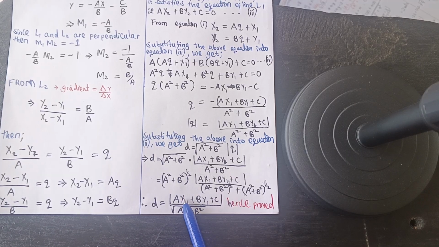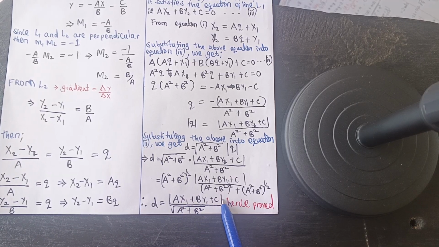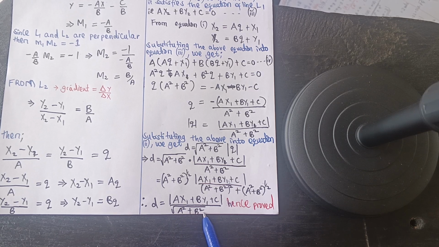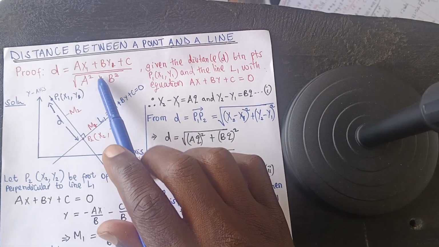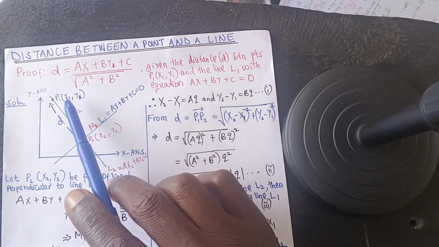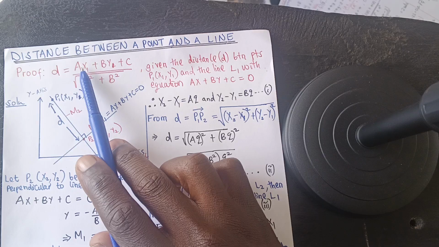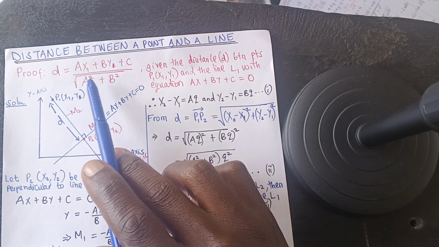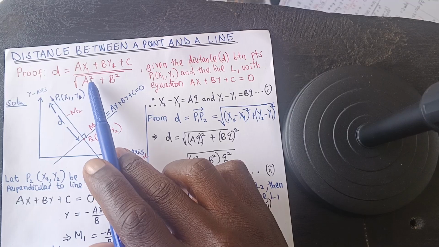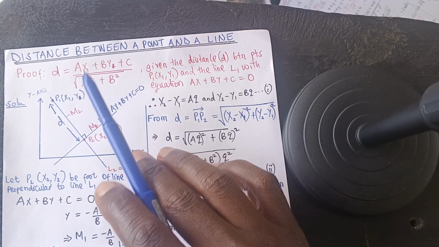So you are going to remain with ax1 plus by1 plus c divided by the square root of a squared plus b squared. Hence it is proved that the distance between a point and a line is given by d is equal to ax1 plus by1 plus c over the square root of a squared plus b squared.